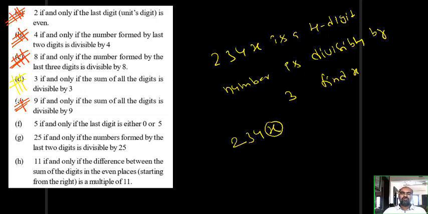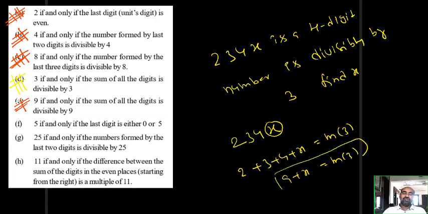So I want to use the divisibility rule of 3. 2 plus 3 plus 4 plus x should be a multiple of 3. 9 plus x is a multiple of 3. Here you want to find possible x values. 9 plus what gives a multiple of 3? 9 plus 0 gives a multiple of 3 only. 9 plus 3 also, 9 plus 6 also, 9 plus 9 also.